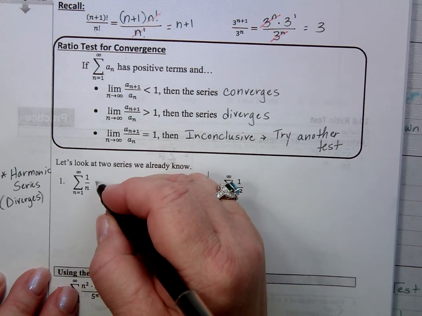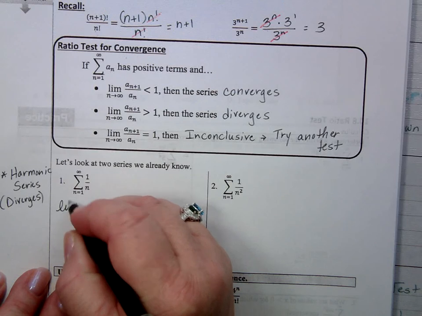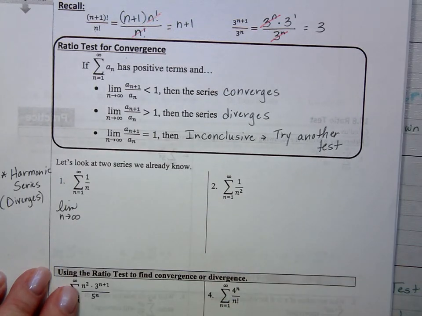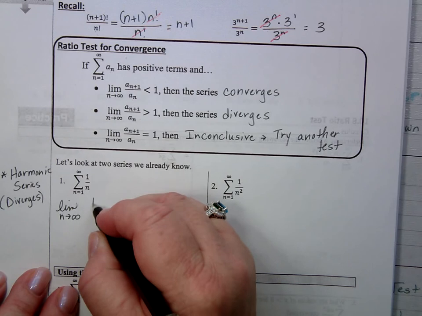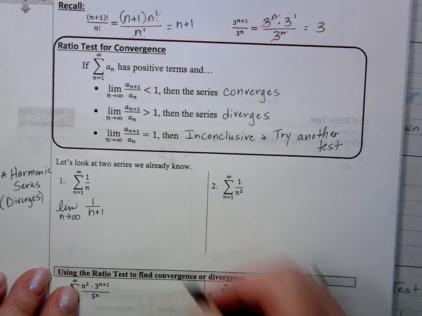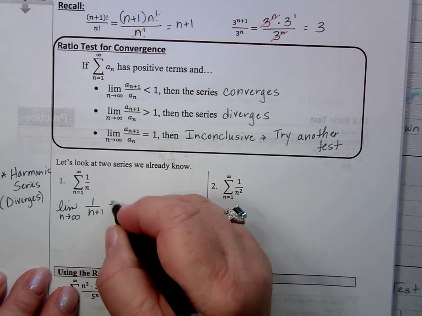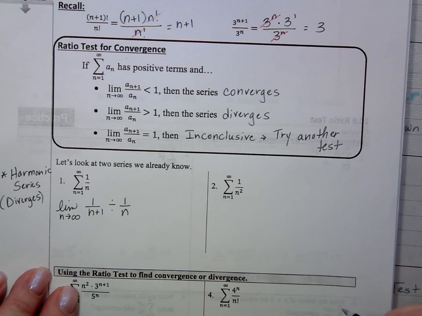So 1 over n, here's what it would be. I need to take the limit as n approaches infinity of the n plus 1 term. The n plus 1 term is going to look like 1 over n plus 1. And then I have to divide that by, I'm going to put it horizontally, the a sub n, which is 1 over n.